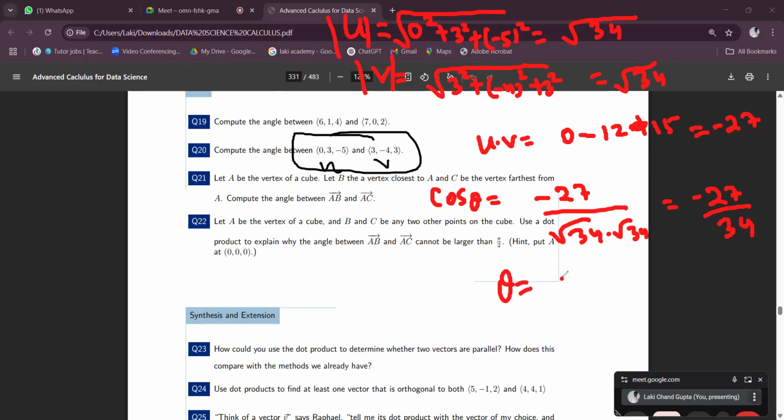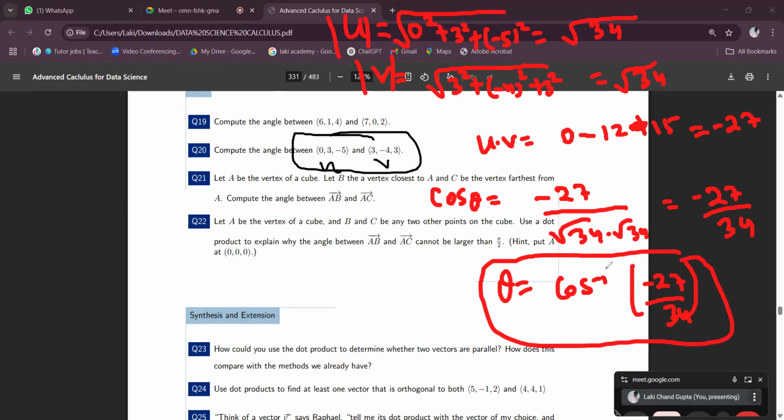So theta will be the cosine inverse of that. This is your answer. Understood?